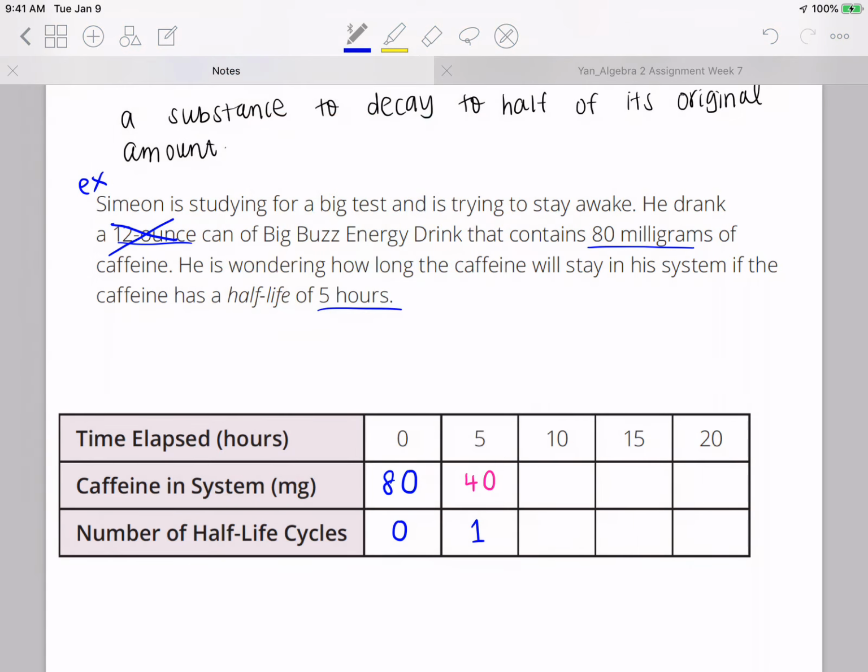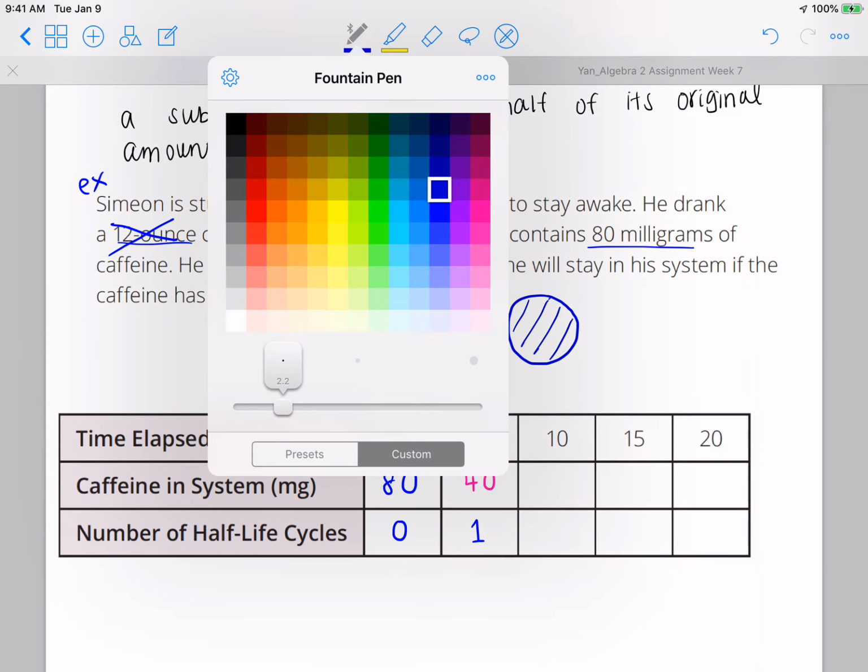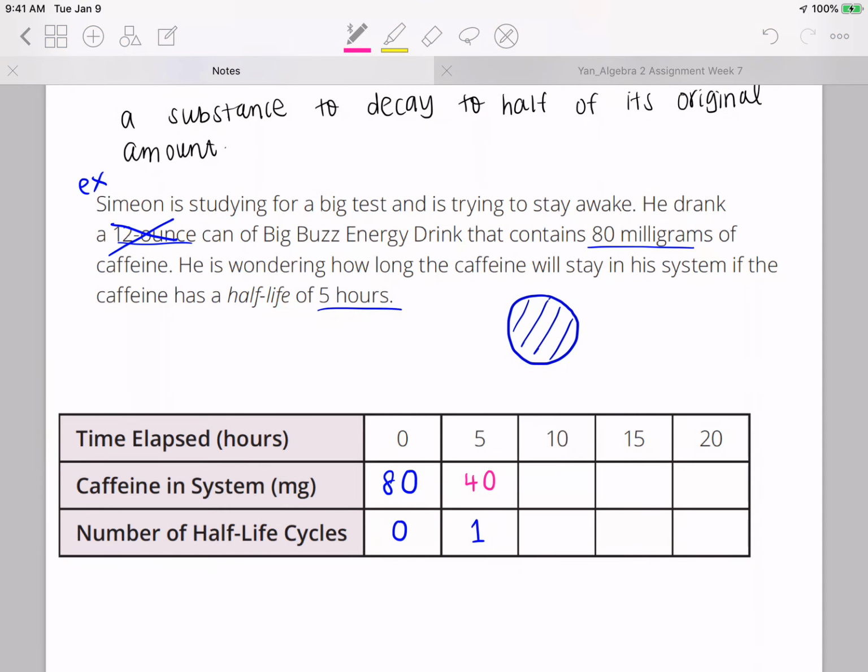Let's pretend this is a full circle, we only want half of this. So the pink is what's left. The other part already digested and went away.